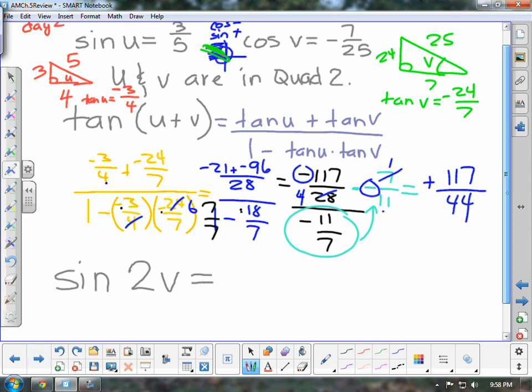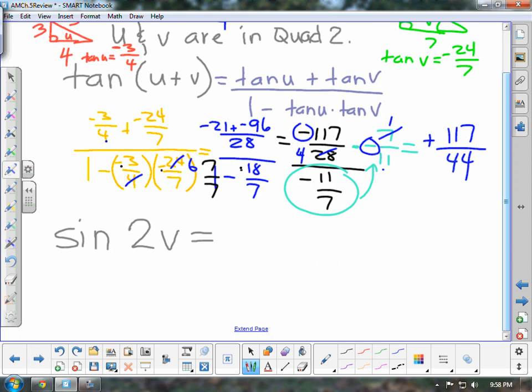And finally, moving on to this last one, sine of 2v, the formula or the identity for that would be 2 sine v cosine v from your trig identity sheet. And so then we would have 2 times sine of v.